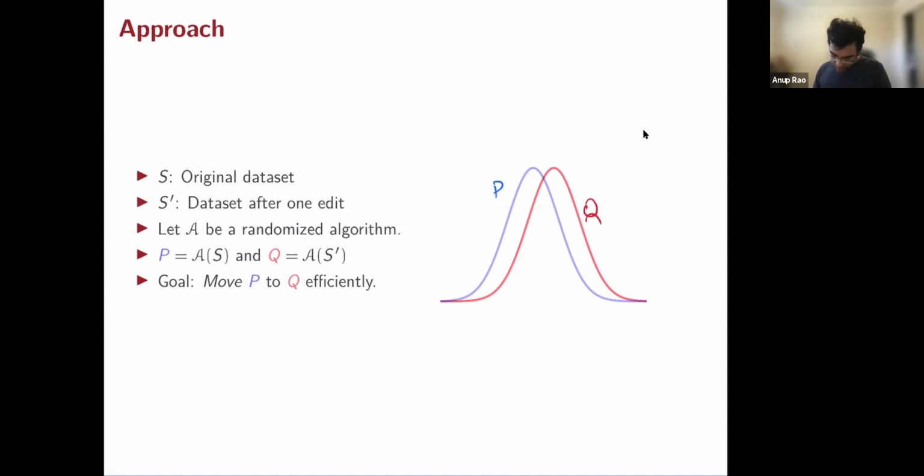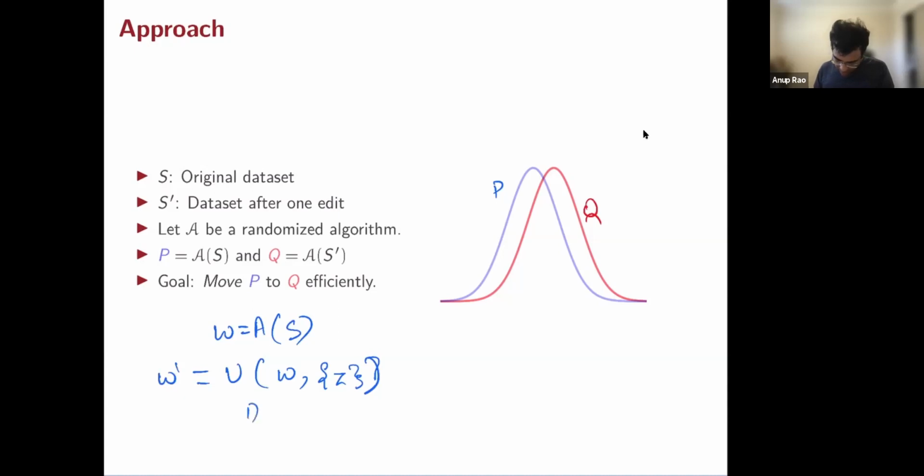So what's happening? We initially train on the data set S, say it outputs a model W, and we want an unlearning algorithm that takes that model and a data set to be deleted, and say it produces W prime.